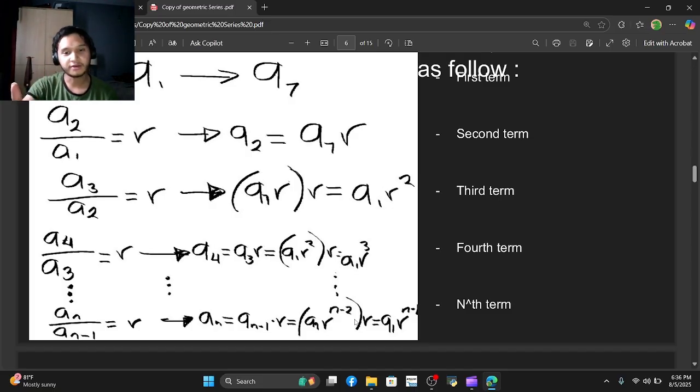We just really proved it right here. We can take the first term, but we still need to know the ratio, and then we can take the n. n means any term minus 1.